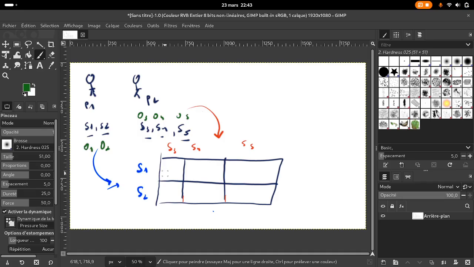So S1 with S3 gives O1, O3; S2 with S3 gives O2, O3; S1 with S4 gives O1, O4; S2 with S4 gives O2, O4; S1 with S5 gives O1, O5; S2 with S5 gives O2, O5.